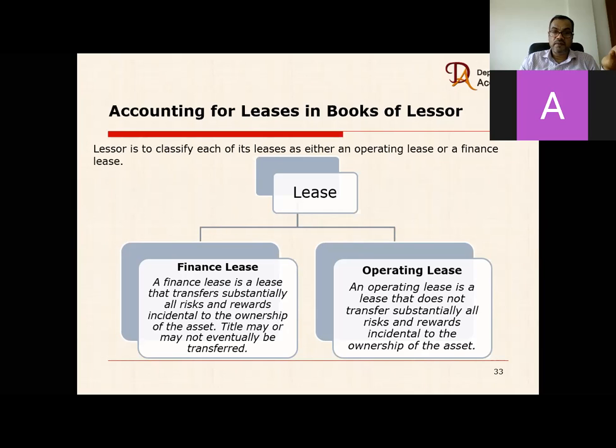To lessee. Right? Title may or may not be eventually transferred. Don't worry whether the title ownership is transferred. The other leases are operating leases. Operating lease is a lease that does not transfer substantially all risks and rewards to the lessee. So that is the difference.